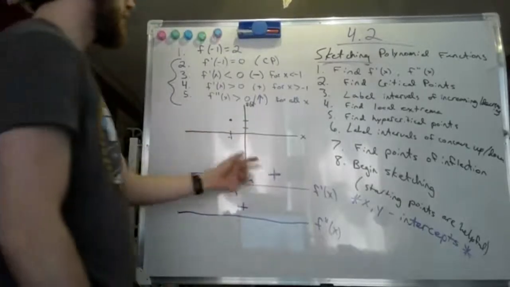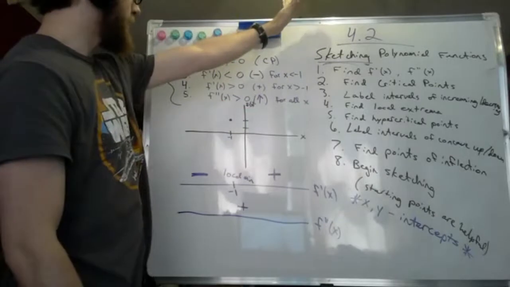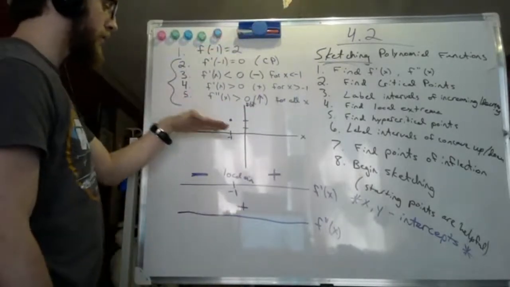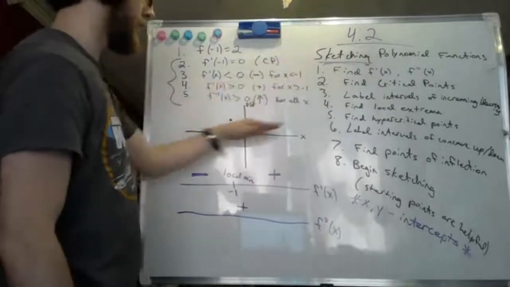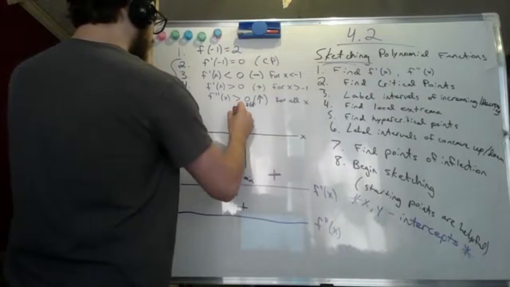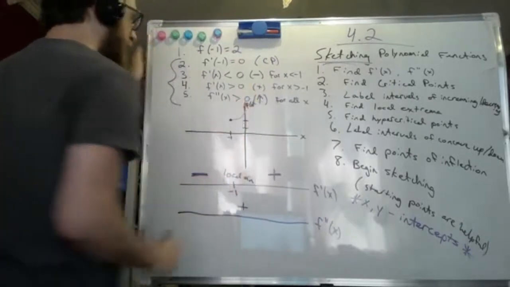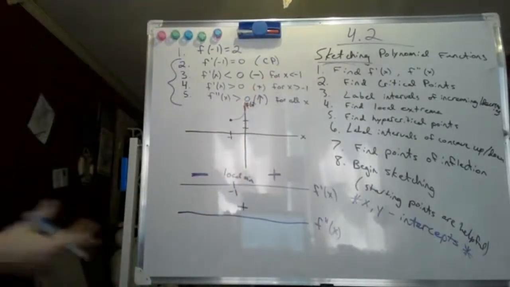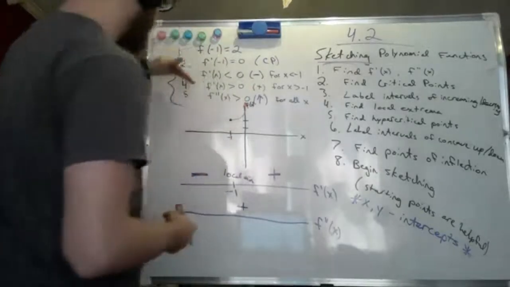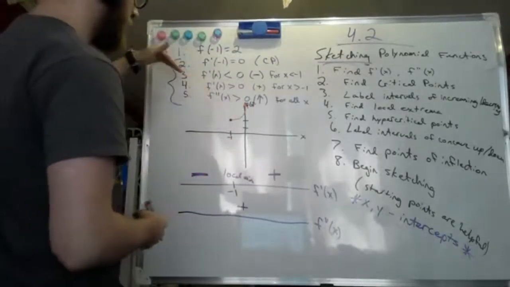So to the right, I'm told it's increasing, so it's going upwards, and it's concave up, so I should be going up with a curve facing upward. So what does that look like? Well, that looks something like that. Concave up. Okay, now for the left side, I'm told that it's decreasing as it approaches -1.